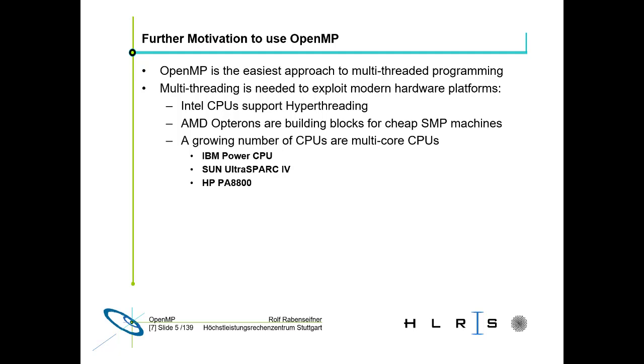So Intel CPUs, AMD CPUs, they all support threading, and hence you can use multiple cores from within your application. And of course there are other multi-core CPUs such as IBM Power CPU, but also for instance the ARM CPUs, which are getting popular.